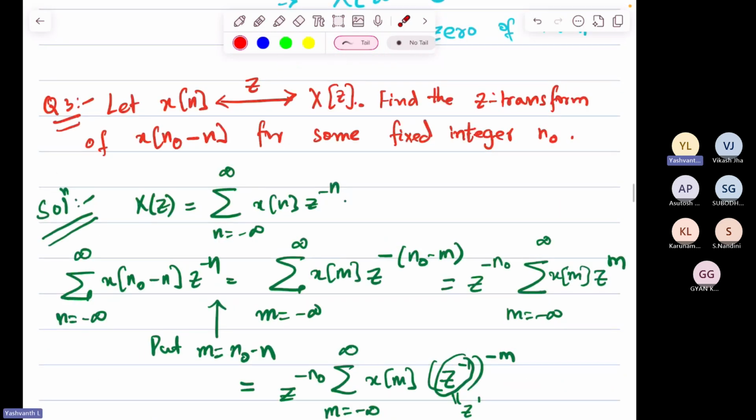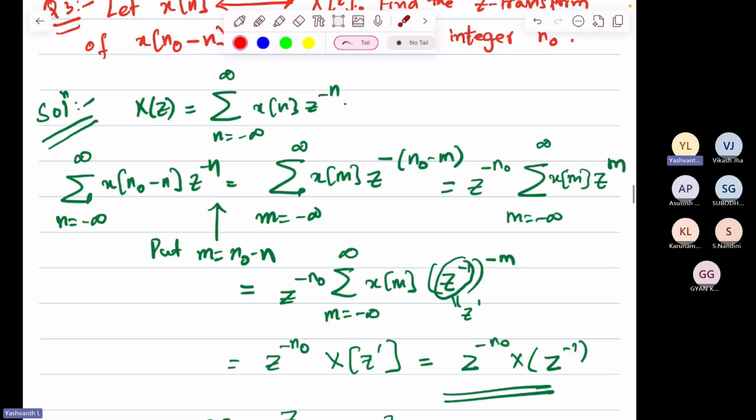So let's again go by the definition and manipulate it. We know that for x of n being a discrete time signal, its z transform is given as x of z equal to summation n equal to minus infinity to plus infinity x of n z power minus n.